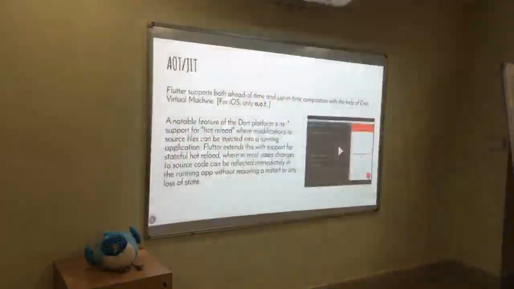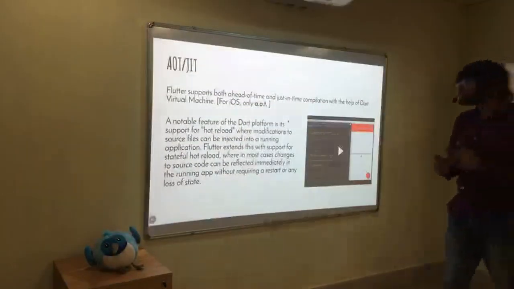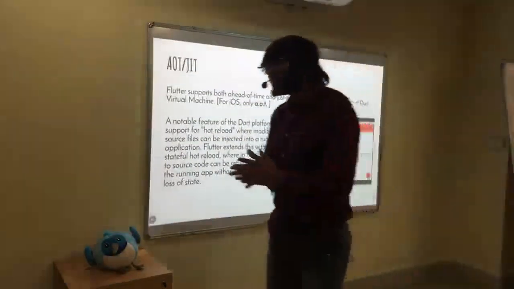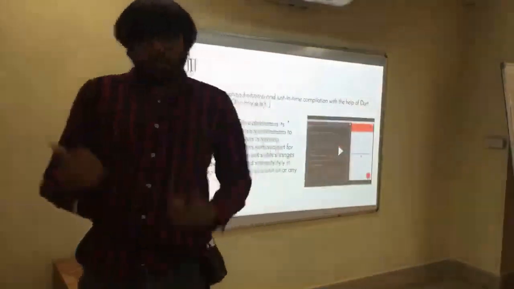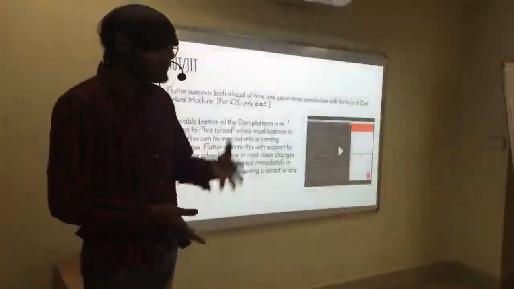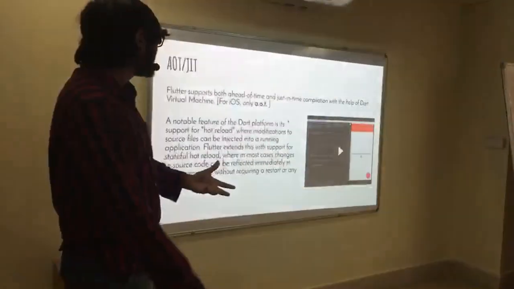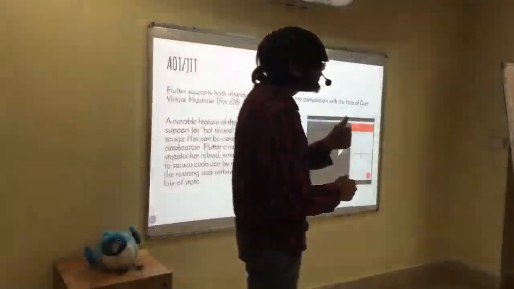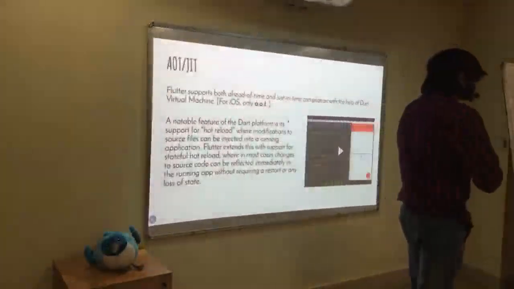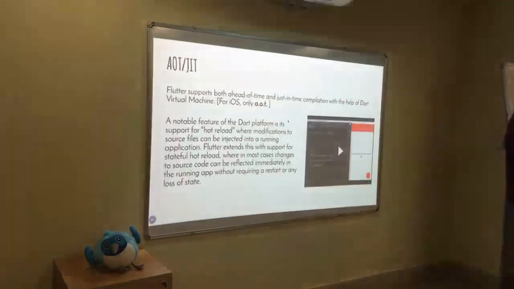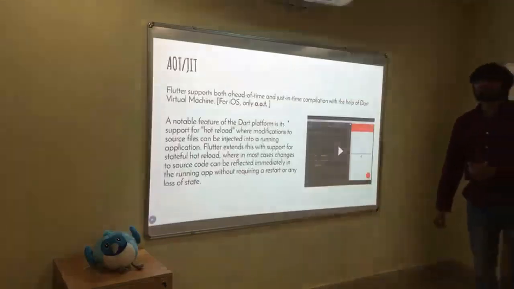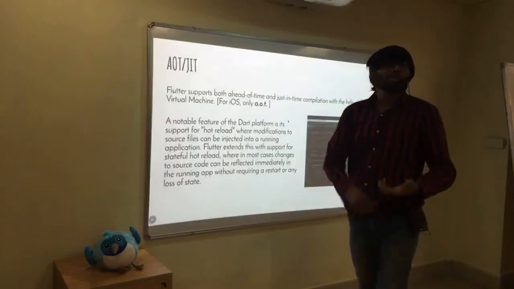And for ahead-of-time compilation, you compile your code earlier and push that compiled code as an update, so you are able to get to know about the errors and bugs in your app before updating it.